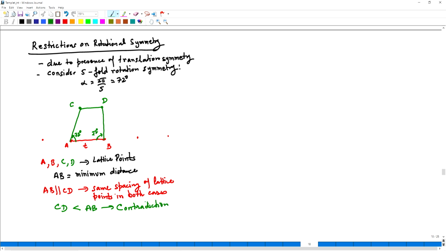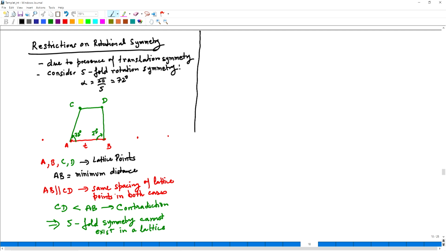I cannot have lattice points located at C and D if I have lattice points at A and B. This gives me the conclusion that five-fold symmetry cannot exist in a lattice.